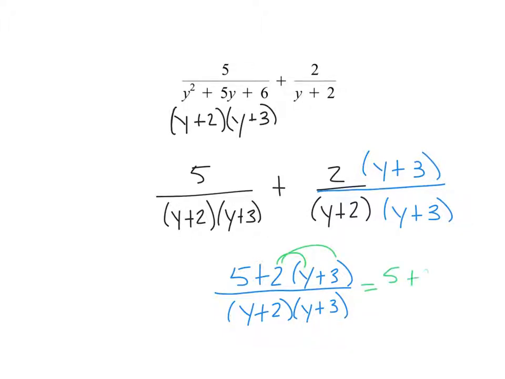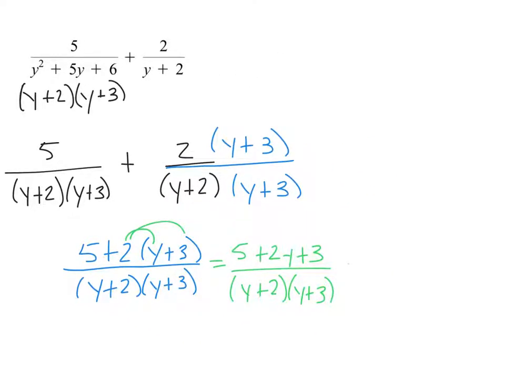So 5 plus 2 times y plus 3, all over y plus 2, y plus 3. On the top, I'm going to combine like terms. 5 and 6 make 11. Well, 2y plus 8. Let's put the number first. That would be correct notation. So I get 2y plus 8 over y plus 2 times y plus 3.